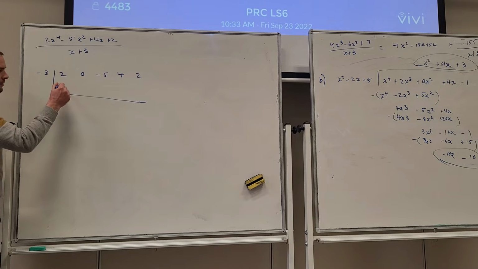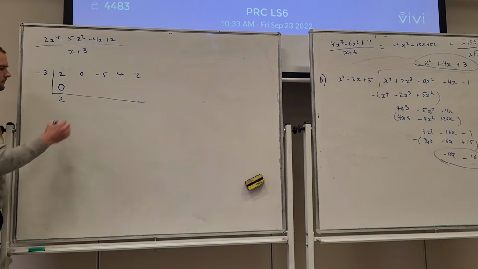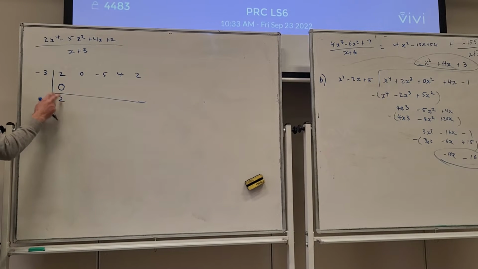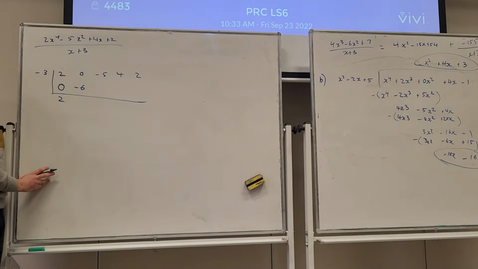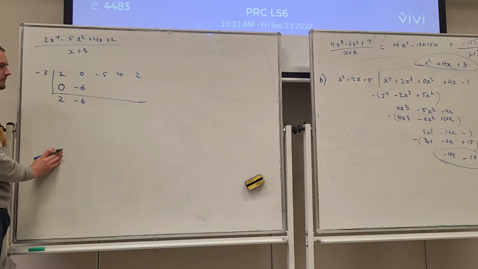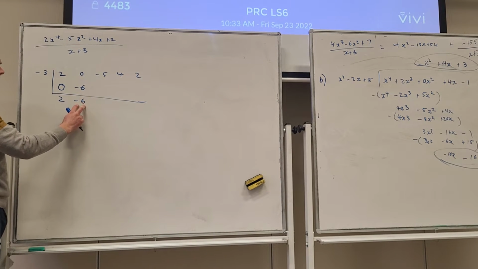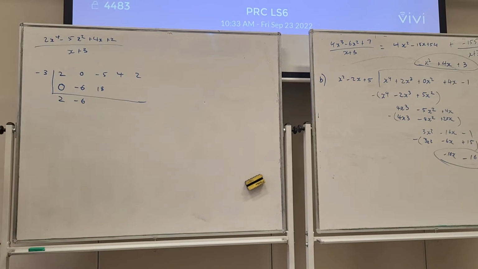Okay, so let's show you how we do this algorithm. We always put a 0 here, and we go 2 plus 0 equals 2. And then we multiply this number by minus 3. 2 times minus 3, minus 6. 0 plus minus 6 is minus 6. And then we'll do minus 6 times minus 3, 18. I don't want to go too fast.